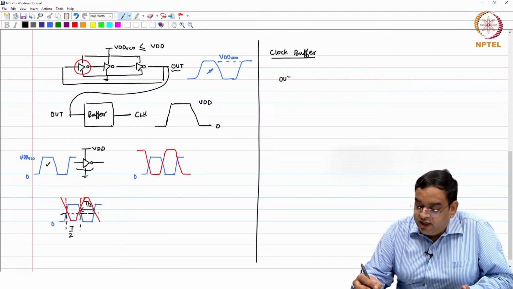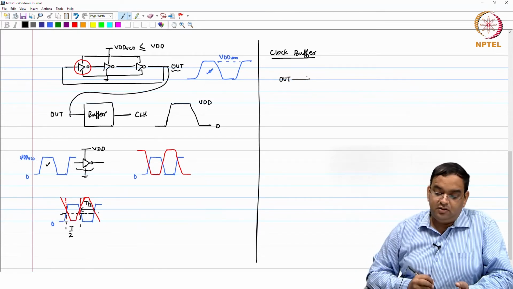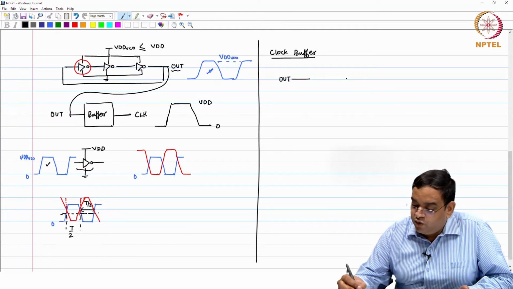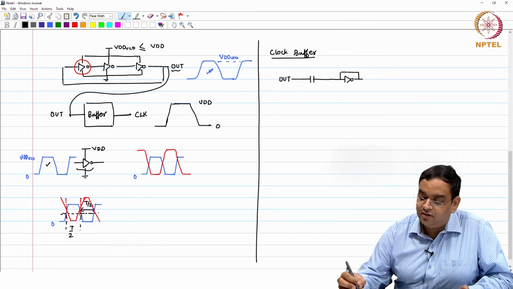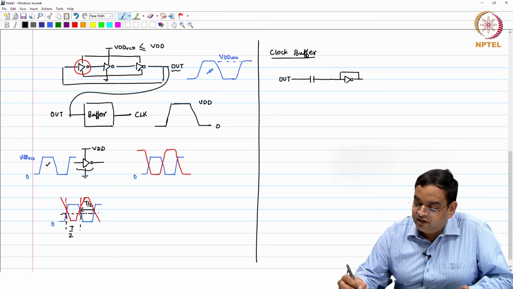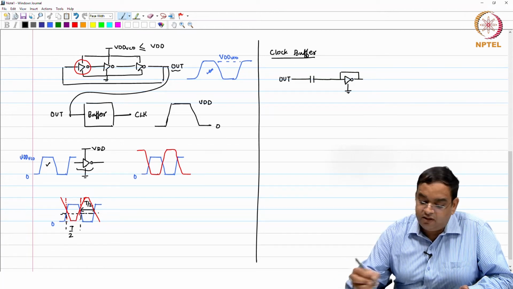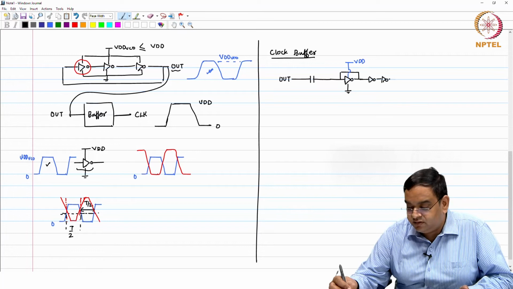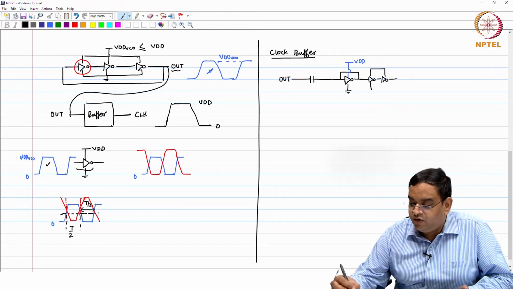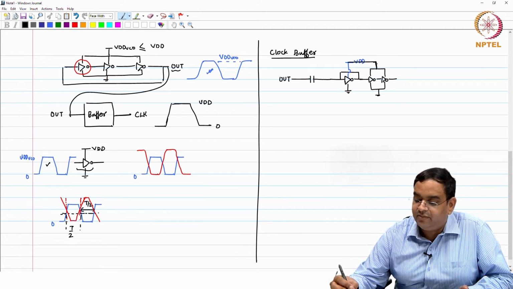So, let us say you are getting the output from your oscillator, and you are going to AC couple that output of the oscillator to an inverter which is self biased, okay, and this is grounded, you are going to connect this to the supply VDD, and then it follows regular inverters connected to VDD. Okay. So, it is connected here, same.